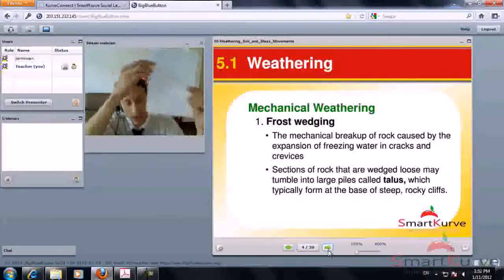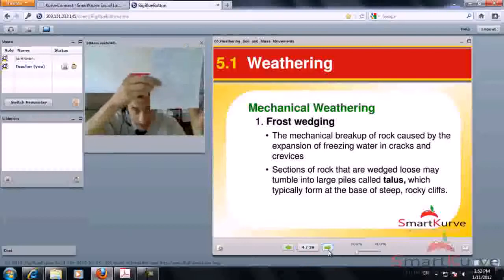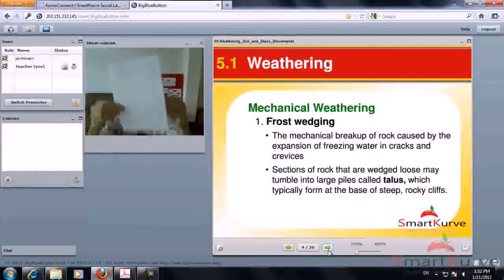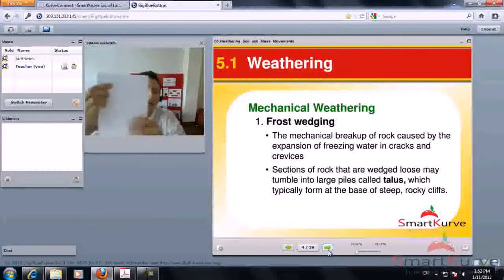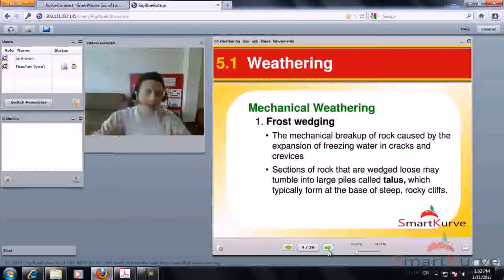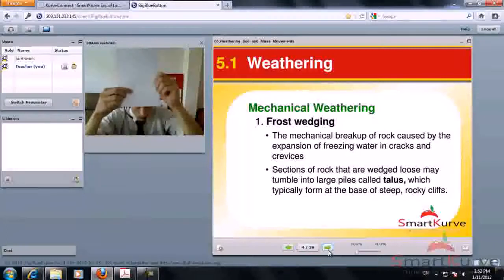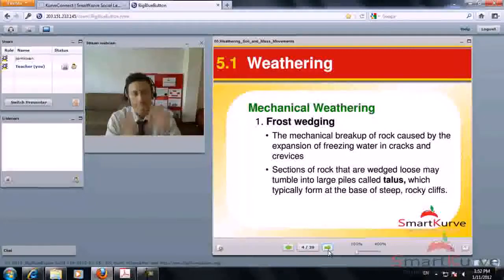So just as we have our wedge driving down into this piece of wood or whatever it may be, if water trickles down into a rock and then expands when it freezes, it can actually break that rock apart.